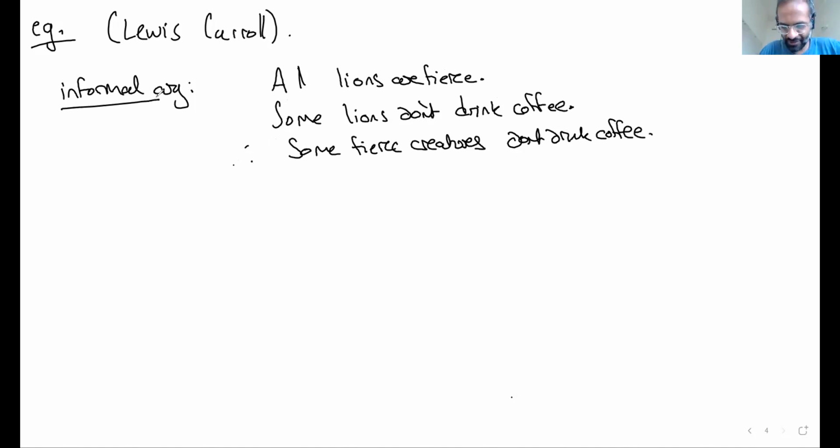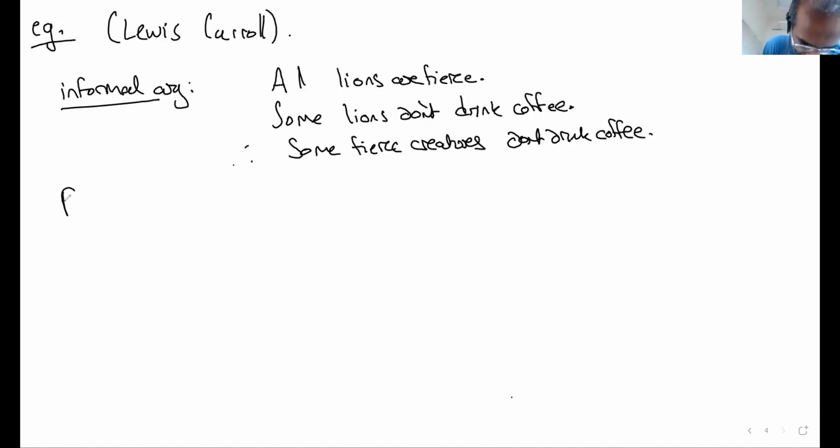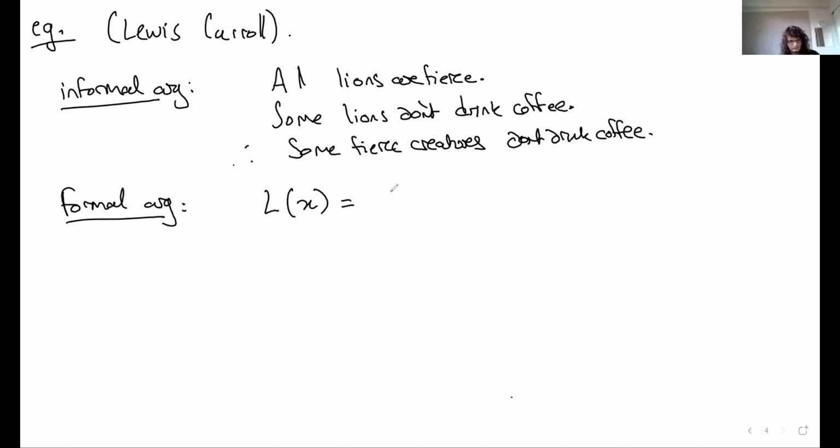Now, how do we turn this into a formal argument that uses these rules of inference? So let me demonstrate that. First, let's define some propositional functions. L of x is x is a lion. F of x is x is fierce.